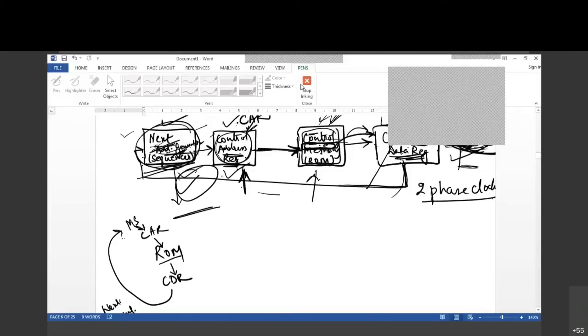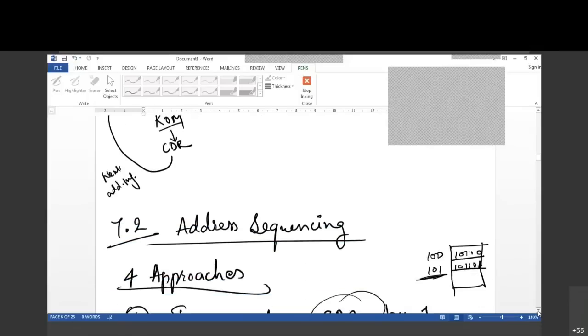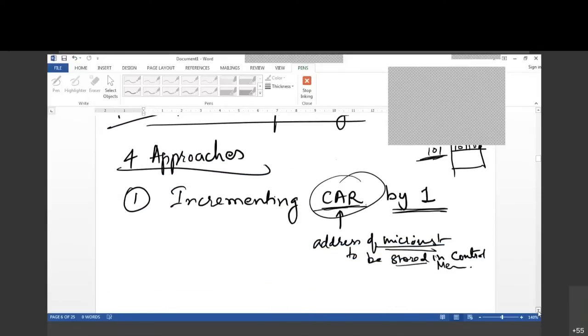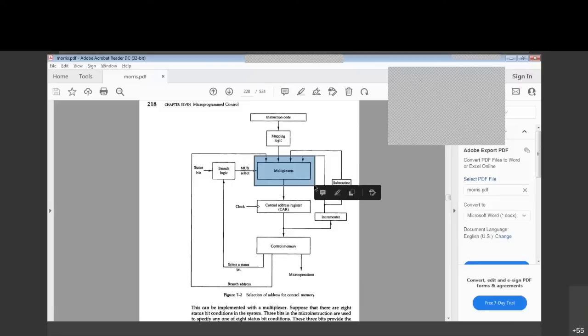Now, as we said, for the next address generation, there are four different approaches. So look at this multiplexer. This is a 4x1 multiplexer. Okay, ये चार possibilities में से एक address would be transferred to the control address register. इतना पता चला सबको?